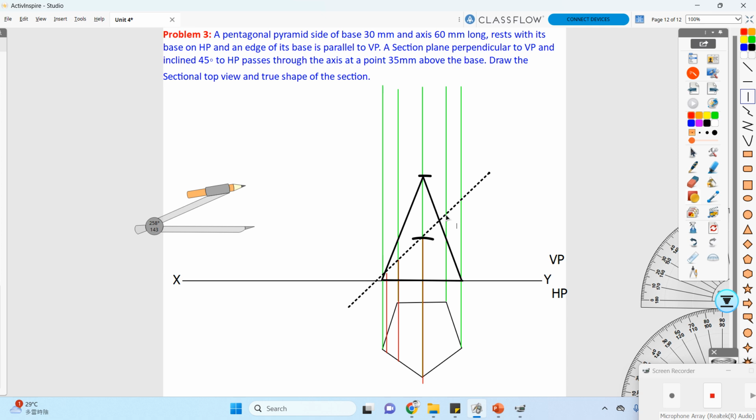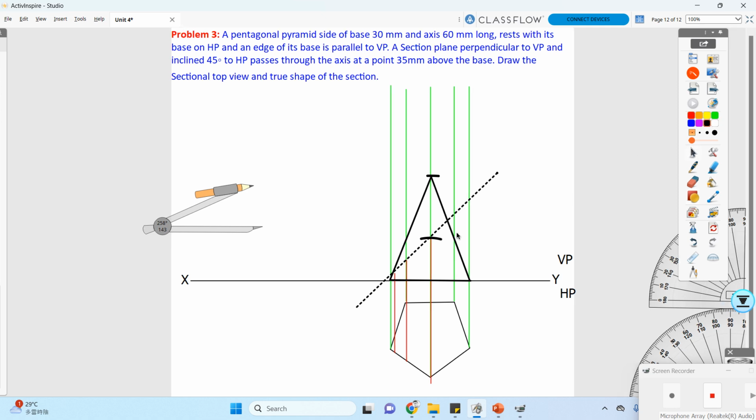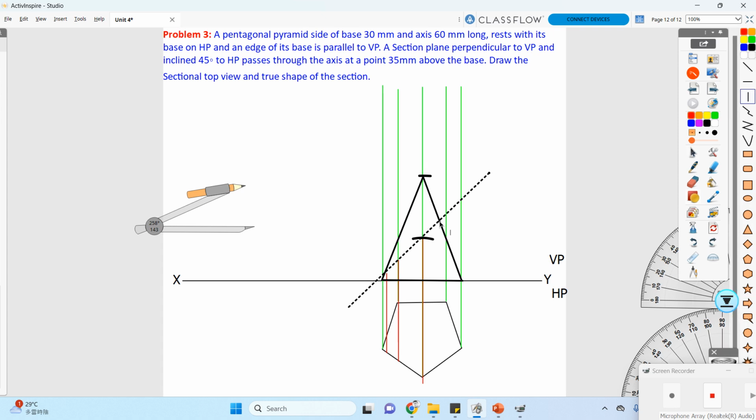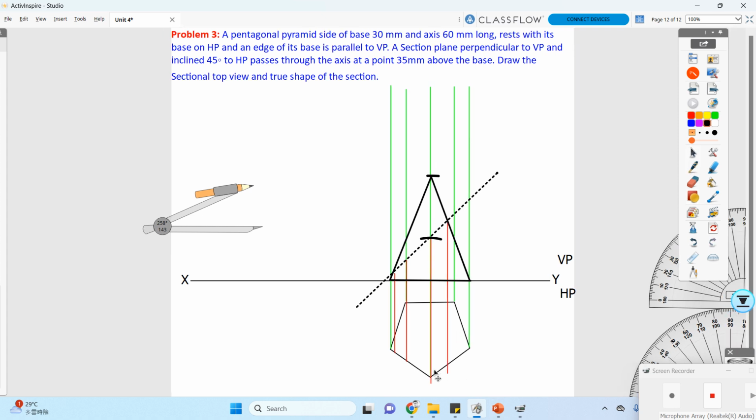Then over here you cannot find any cutting point, so it is above your condition. So you want to consider the intersection of this point.